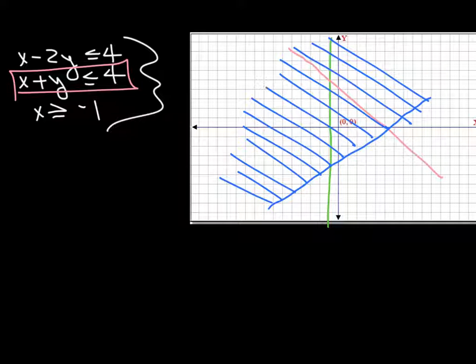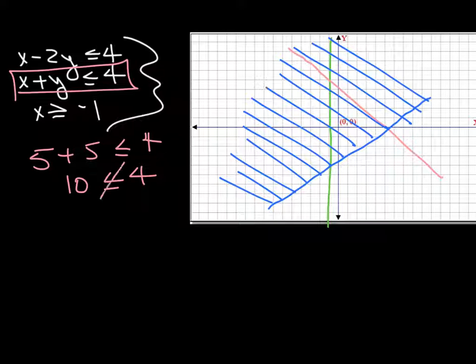So 5 plus 5 is less than or equal to 4. Is 10 less than or equal to 4? No, that is not working. So because 5, 5 doesn't work, none of the numbers up here work. The only ones that are going to work are the ones below.